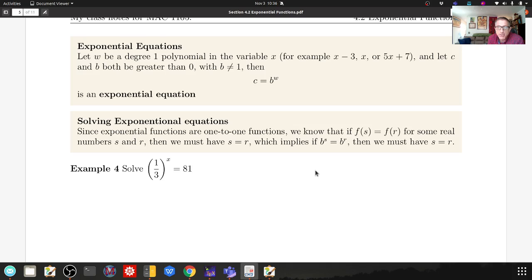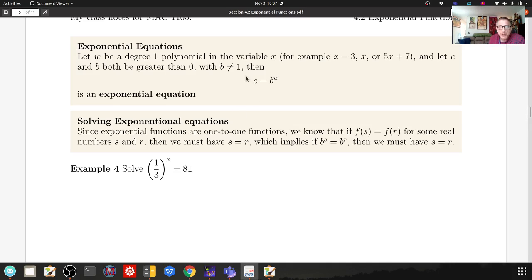For example, w minus 3x or 5x plus 7. Another word for a degree 1 polynomial is a linear polynomial. And let c and b both be greater than 0, with b, which is going to be our base, not equal to 1. Then c is equal to b raised to the w is an exponential equation.